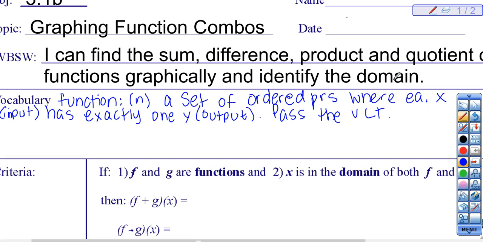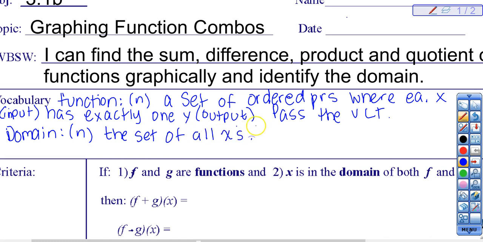We're dealing with functions. We're working on operations and functions today. The other term that I want to remind you of is the term domain. Domain is also a noun. And domain has a lot to do with functions. Domain is the set of all x's.